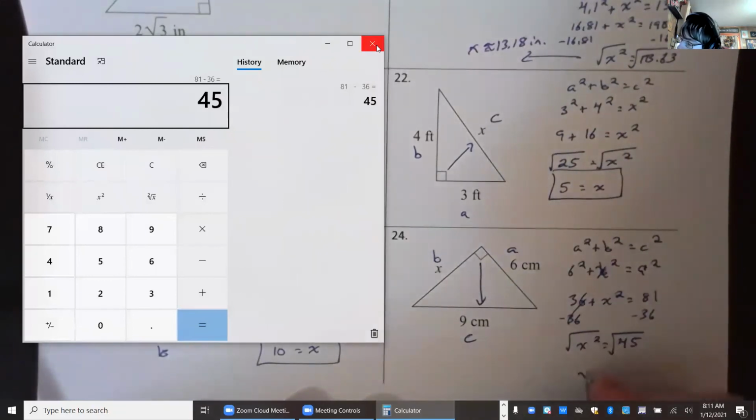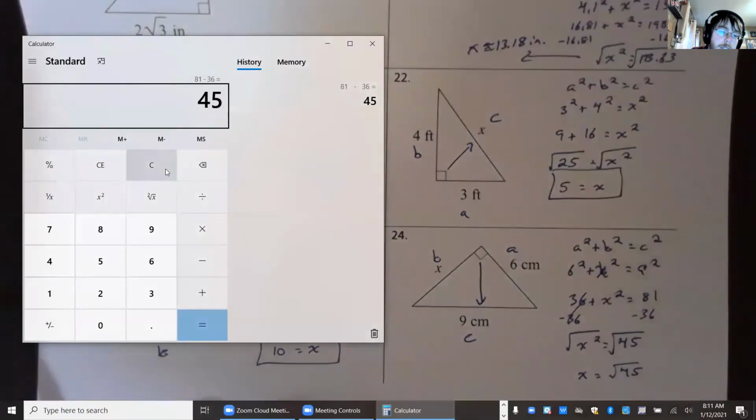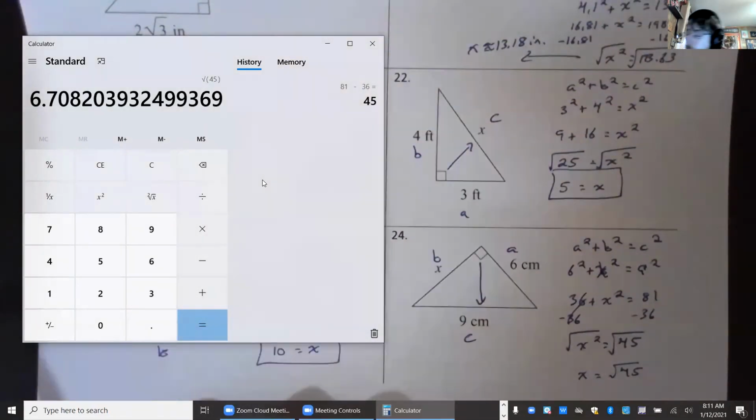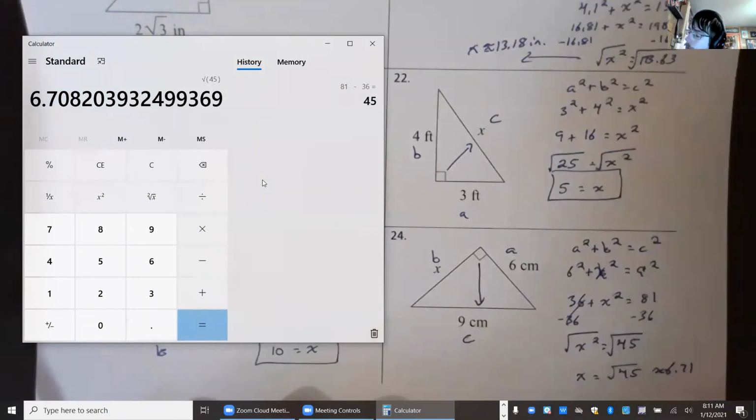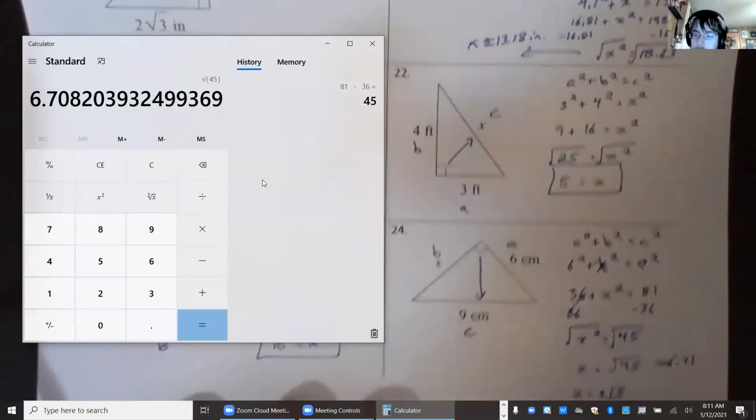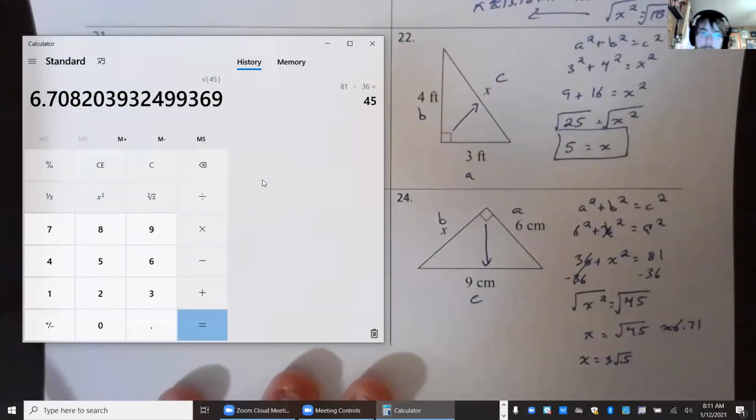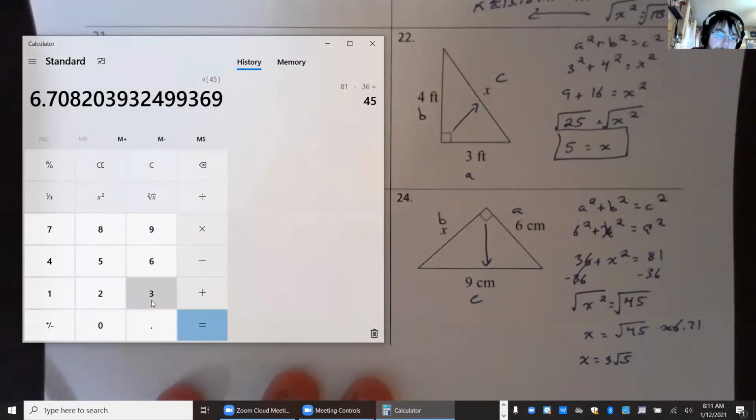And so we get x is equal to the square root of 45. Now, if you put that in decimal notation, it won't be exact. So this is approximately 6.71. If you want it in exact form, it's equal to 3 root 5. So that would be the answer you would see on a quiz or a test.